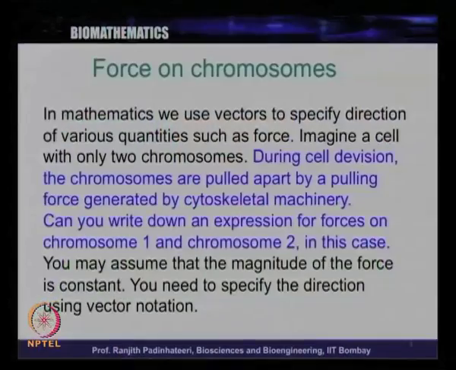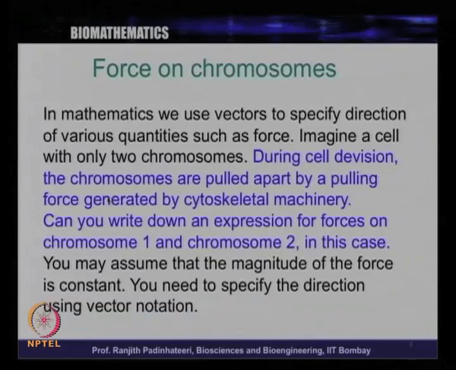Again, I will read the question in detail, and then we can go through each sentence. First let me read it in full. In mathematics we use vectors to specify direction of various quantities such as force. Imagine a cell with only 2 chromosomes.